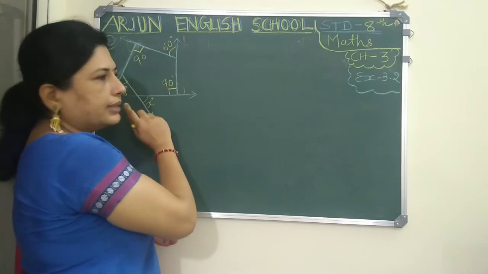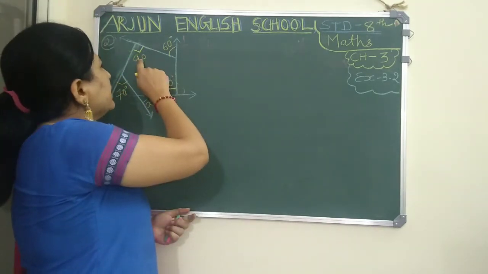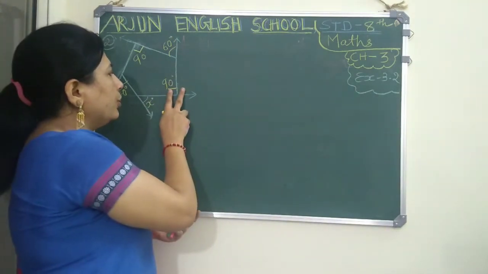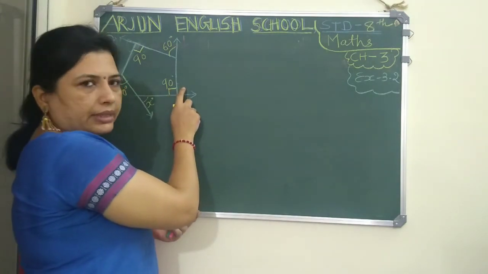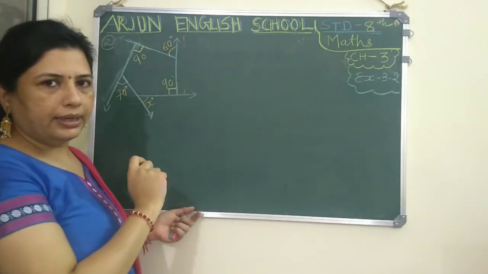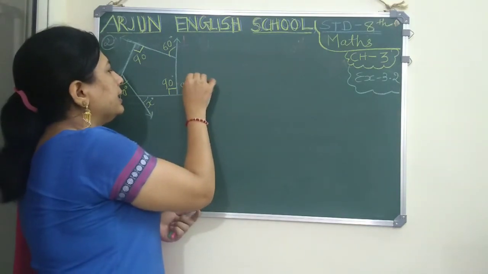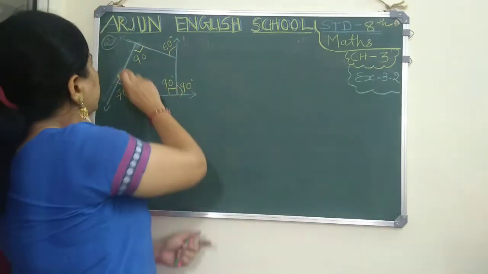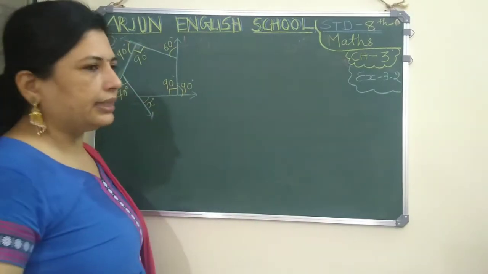If the symbol is there, that means this angle is 90 degrees. Same way this angle is also 90 degrees. And both the angles are a linear pair. So what is the measure of this exterior angle? 180 minus 90, that is 90 degrees. So we can say that this exterior angle is 90 degrees. Same way this exterior angle is also 90 degrees.